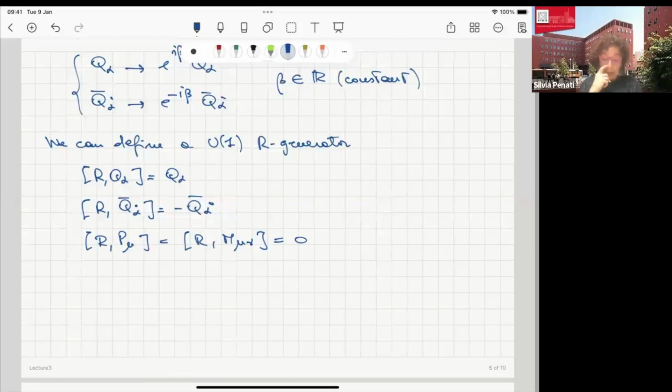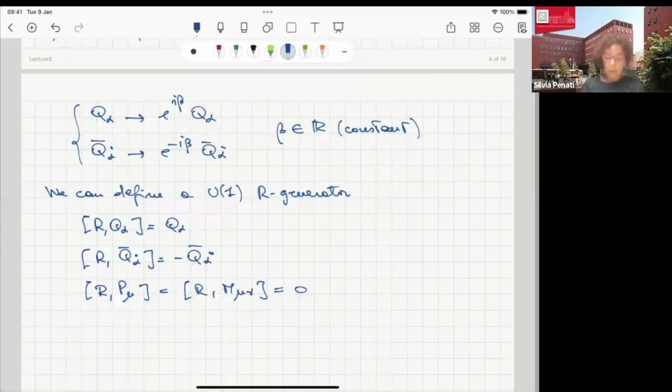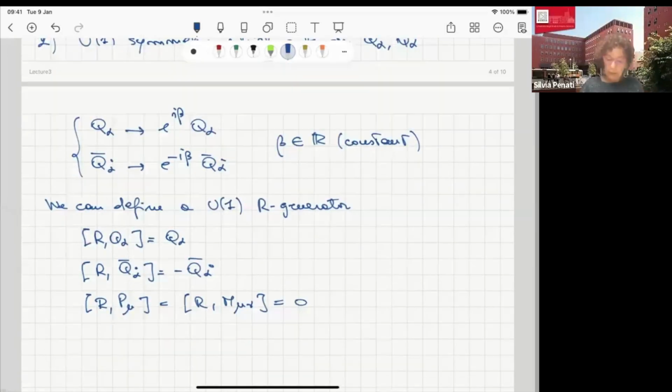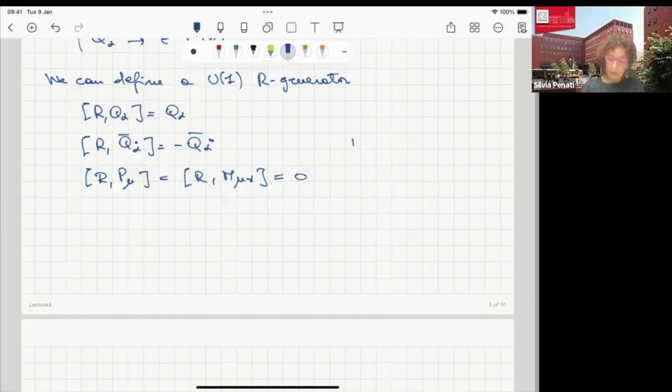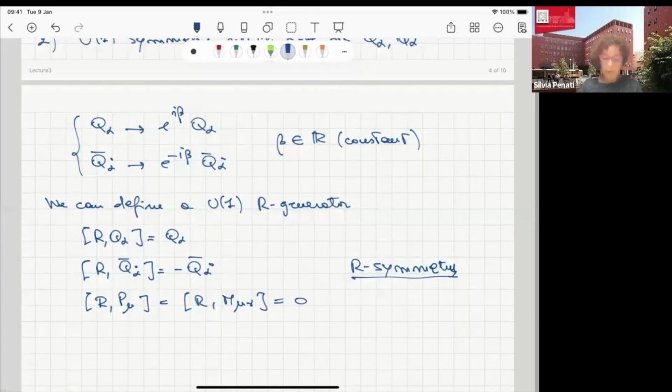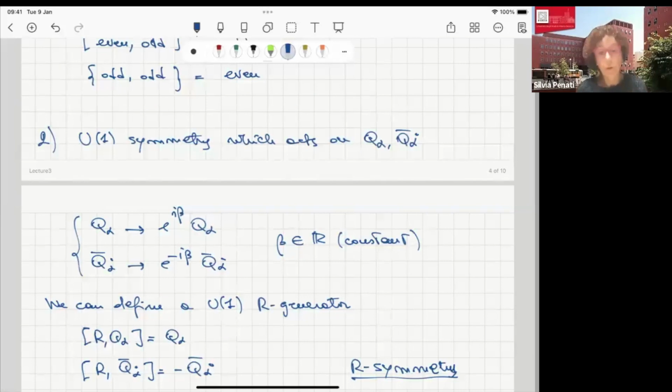Okay, the generator R, which corresponds to this U(1) symmetry, is called the generator of R symmetry. Remember, when you talk about R symmetry, you mean transformation of supersymmetry generators, Q and Q bar.